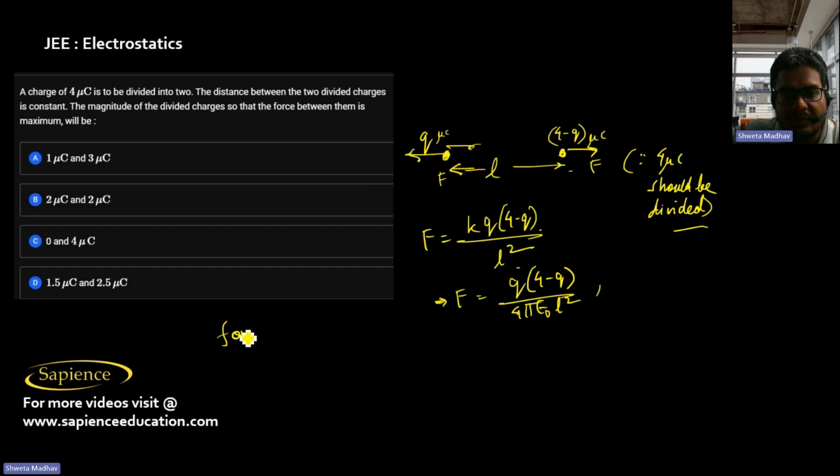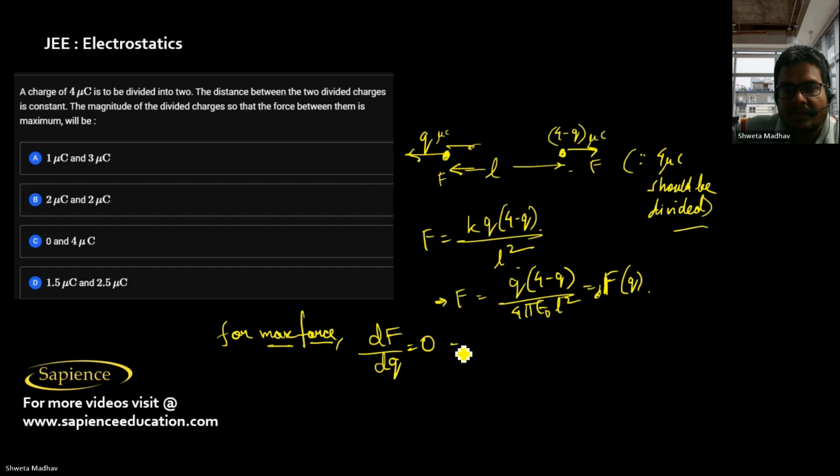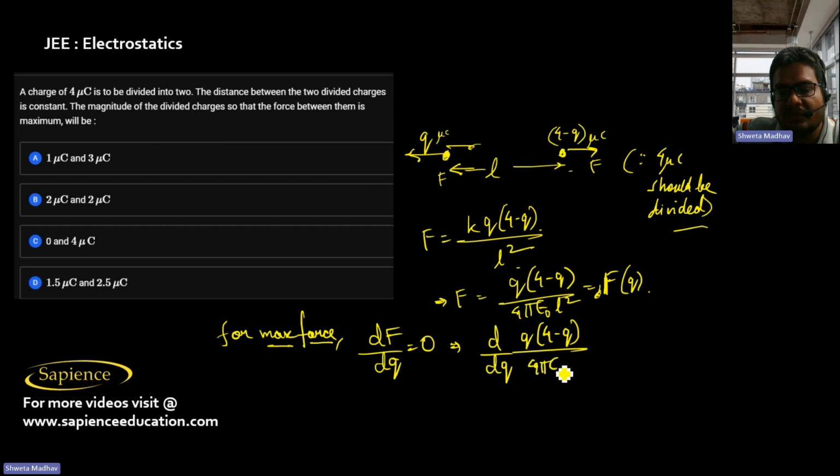Now for maximum force, F as a function of q, dF by dq should be equal to 0. So d by dq of q into 4 minus q by 4 pi epsilon naught L square should be equal to 0.